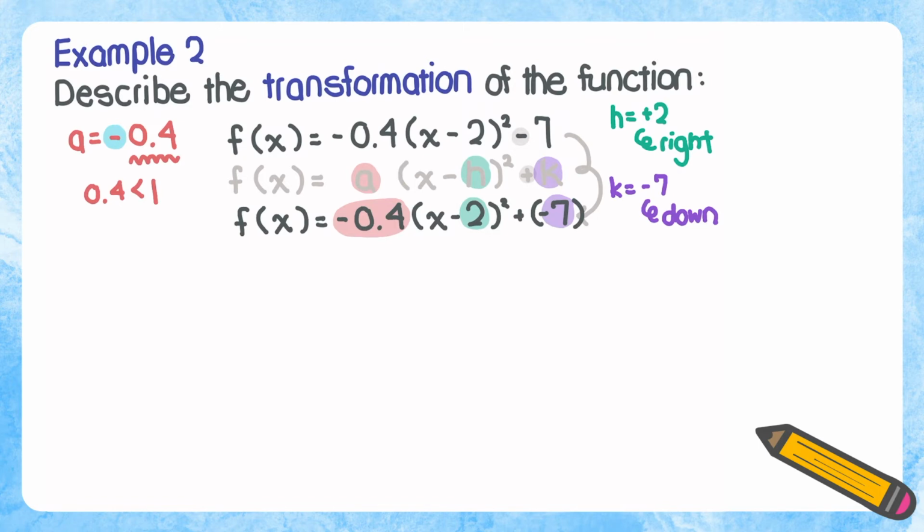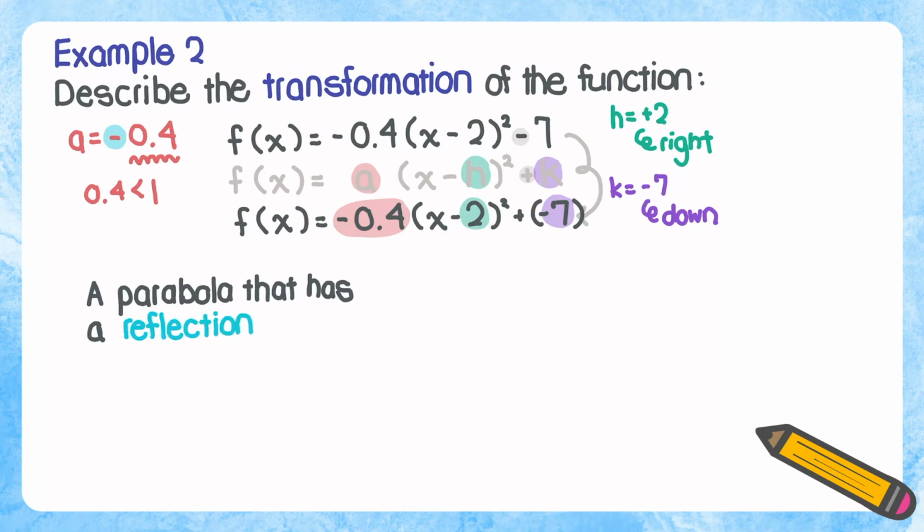So let me write the description. We have a parabola that has, and then we want to think of all the effects. So since a is negative, we have a reflection, so it will be flipped. And since a is less than 1, we will have a vertical shrink, so a wider parabola.